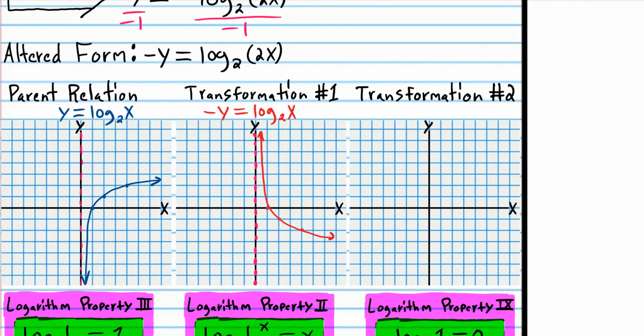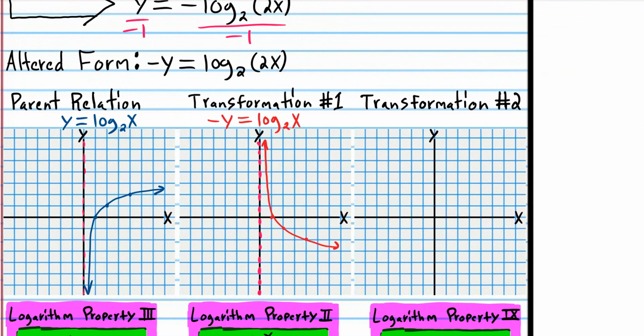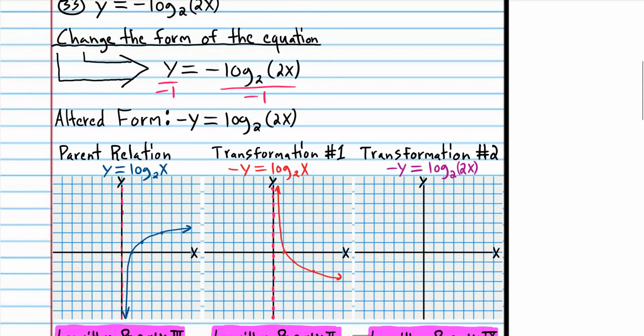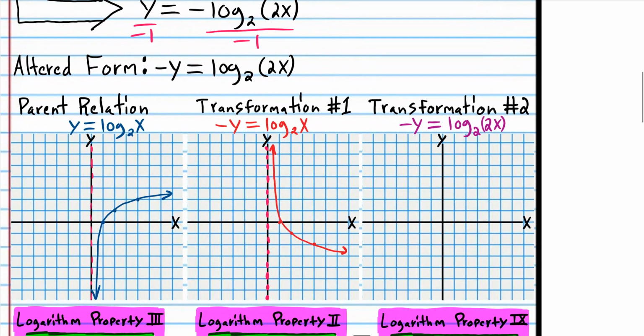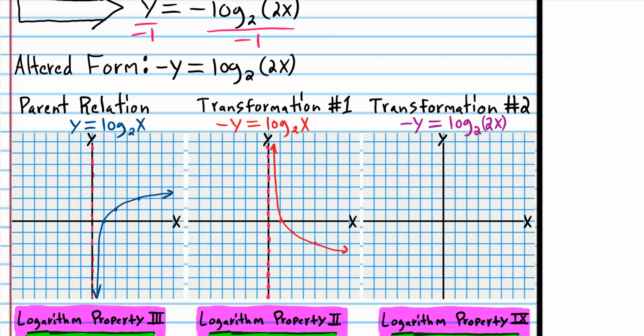Then we're going to multiply x by 2, or replace x with 2x. And it's very important that you use parentheses when you do that, just to avoid any confusion. So now we're going to dilate the graph. When you multiply x by 2, that divides all the x values of the points of the previous graph by 2.